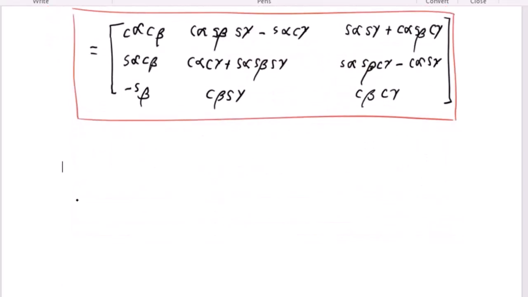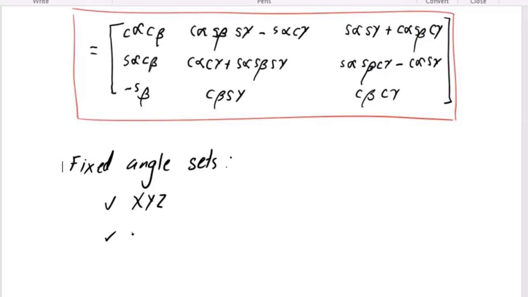So what are the sets of this? There are 12 sets of the fix. You tell me. Fixed angle sets. Start with the x, y, z. We solve the x, y, z. Then we have the x, z, y. Any other, no change.